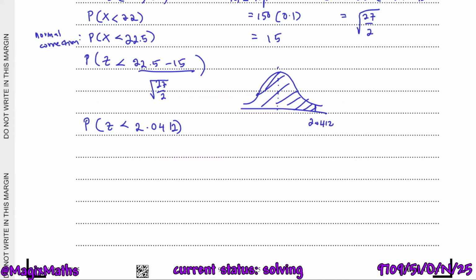Now let's look up the normal distribution table. I'm looking it up online. So our figure is 2.0412. So 2.04. Oh, so it's only up until 2.041.